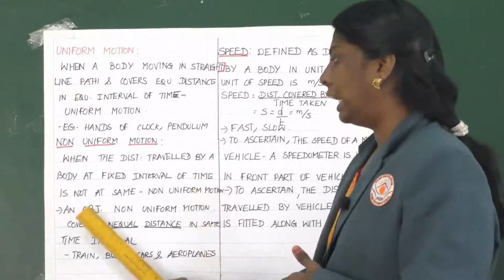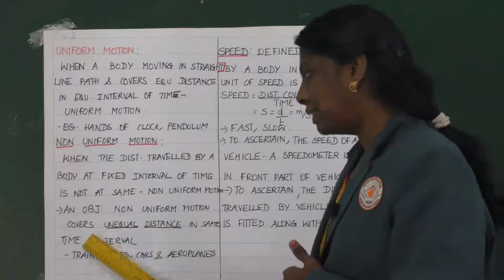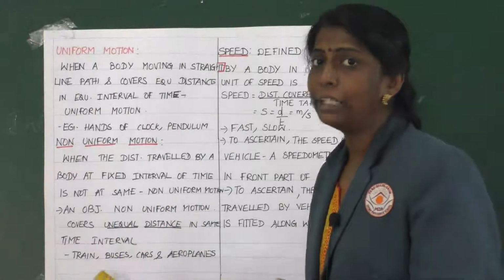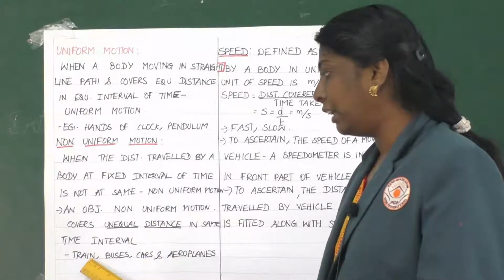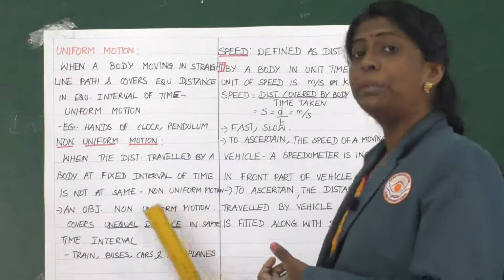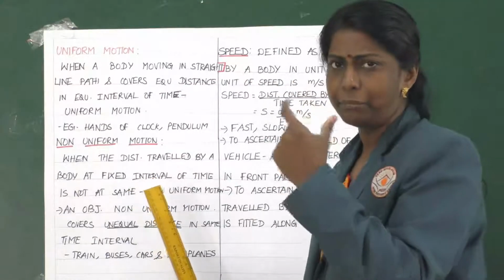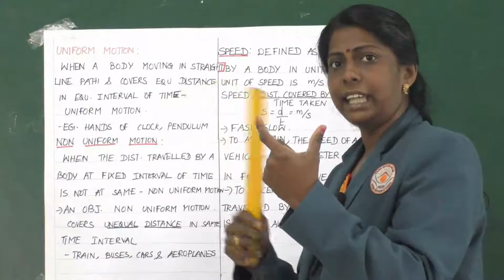Non-uniform motion. An object in non-uniform motion covers unequal distance. One might cover 20 kilometers, one might cover 200 kilometers, one might cover 100 kilometers. Unequal distance in the same time interval, within 1 hour or half an hour, within that same time limit, different kilometers it can reach.